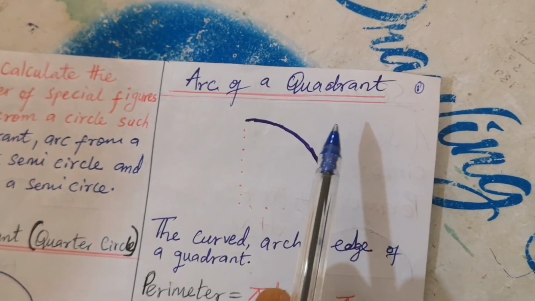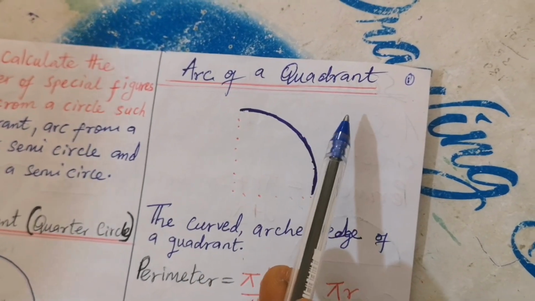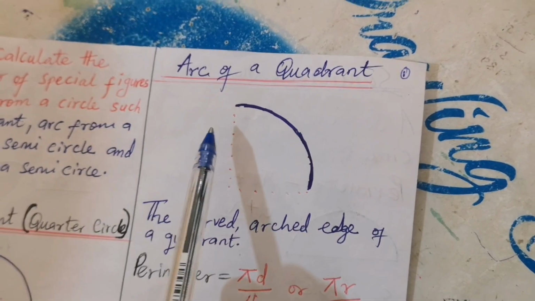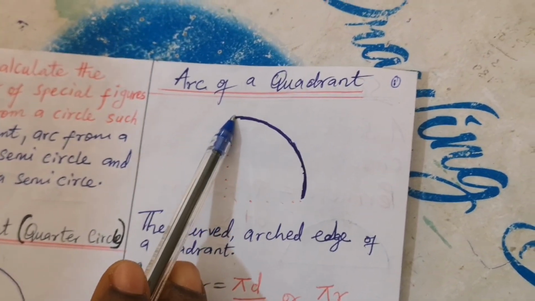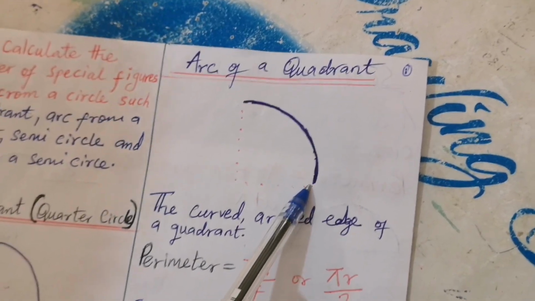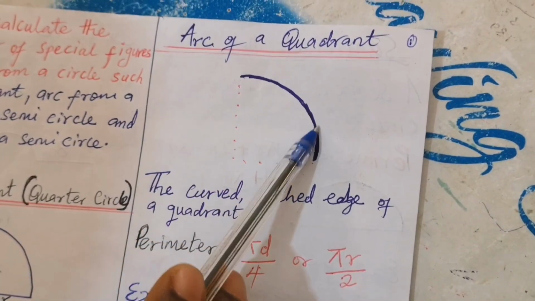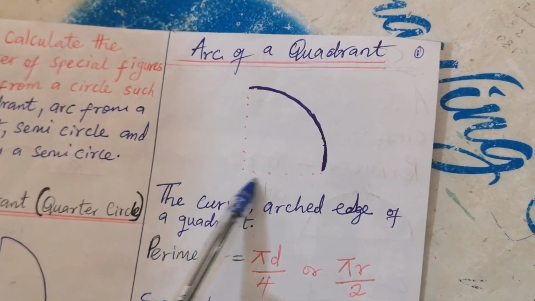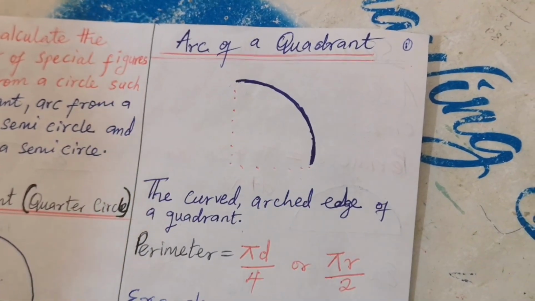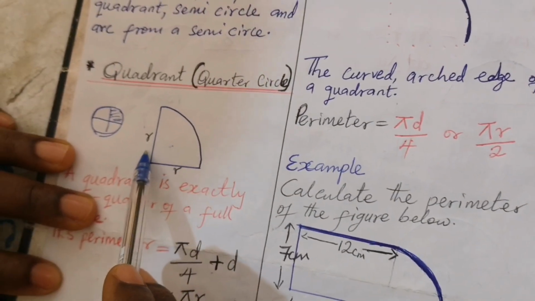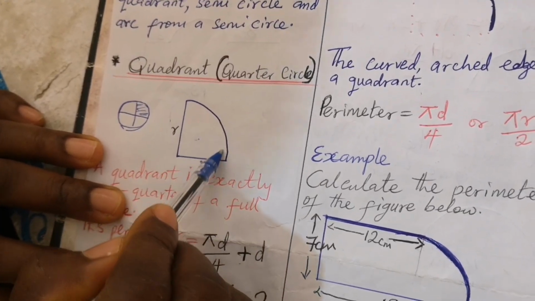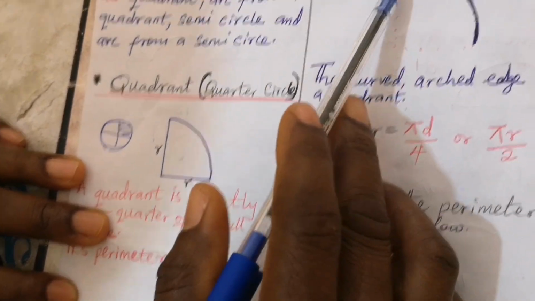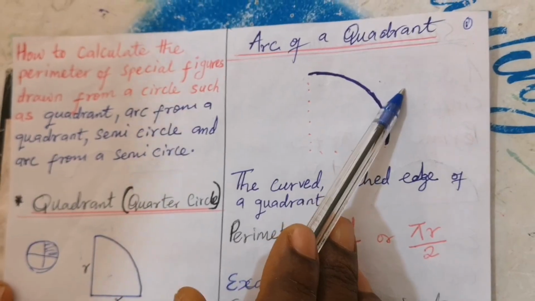Let's look at the arc of a quadrant. So how do we calculate the perimeter of the arc of a quadrant? Now the arc of a quadrant is just the curved part of a quadrant, without the radius. So just like this quadrant, when we are considering only the curved part, we call it the arc of a quadrant, which is what we have here.